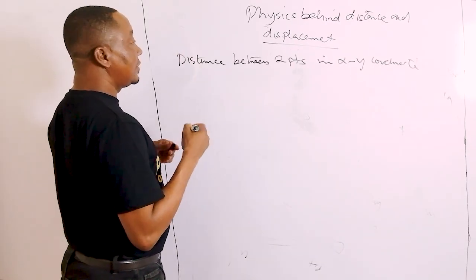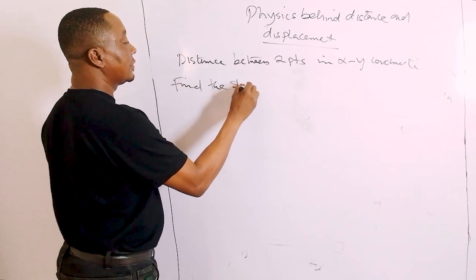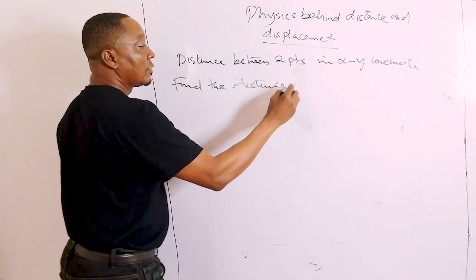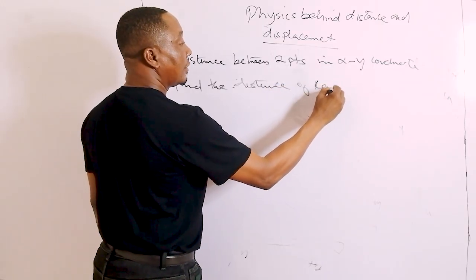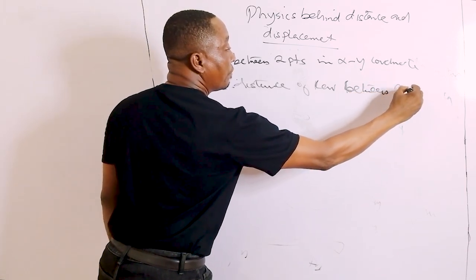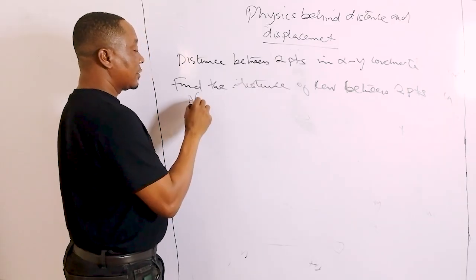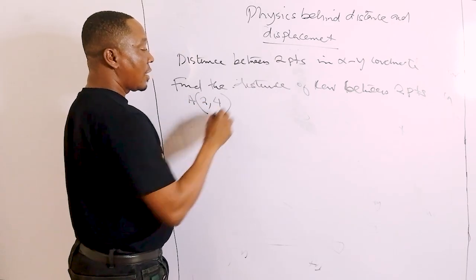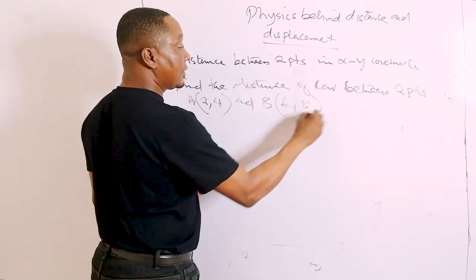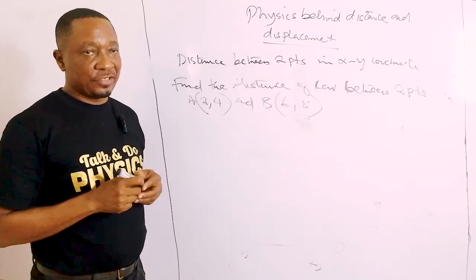For instance, they said find the distance of a car between 2 points. A is 2 and 4, and B is 6 and 8. You are asked to find the distance of a car between 2 points.